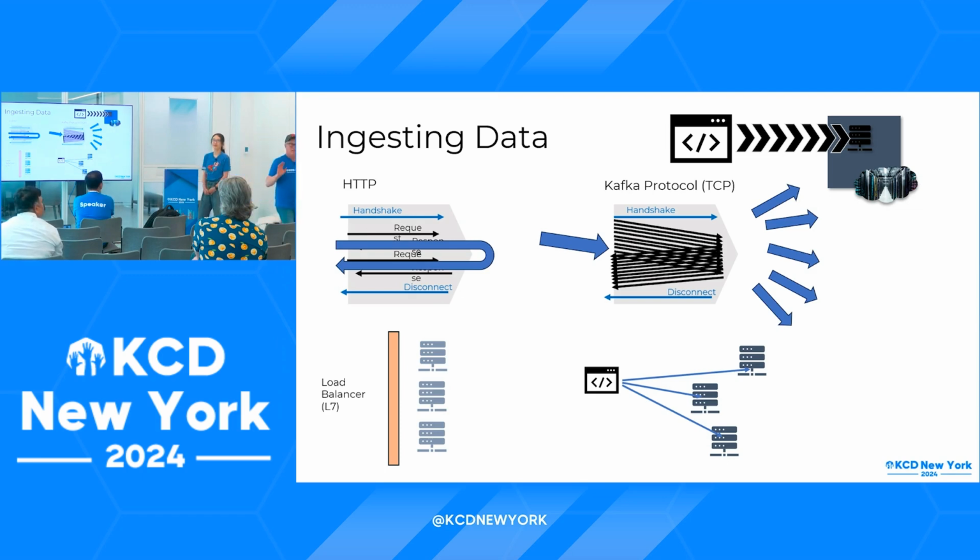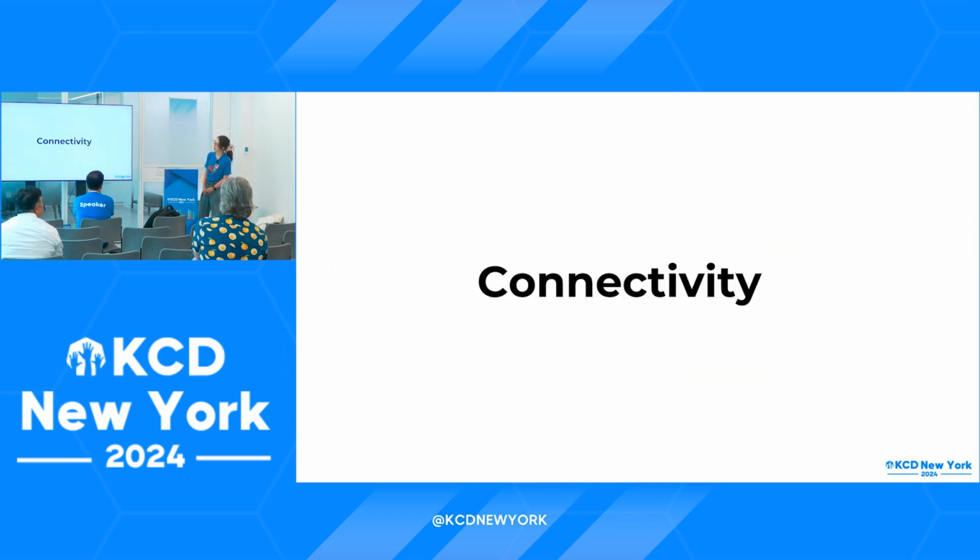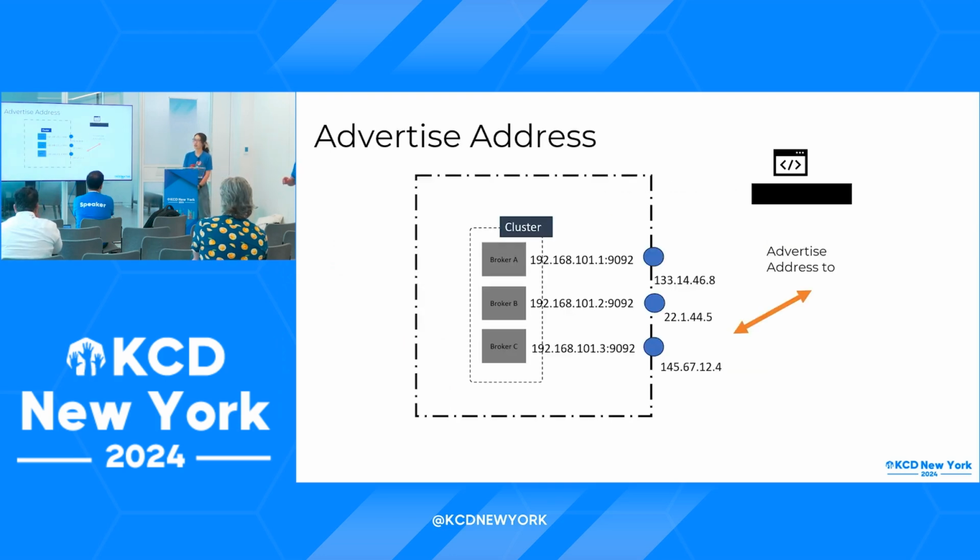So a couple of things you have to keep in mind when we talk about Kafka. The first thing is the Kafka client has to be able to resolve either the name or the IP address of all of the brokers it's going to talk to. In the Kafka universe, it's called the advertised address. You can have multiples of them. Very simple, straightforward.